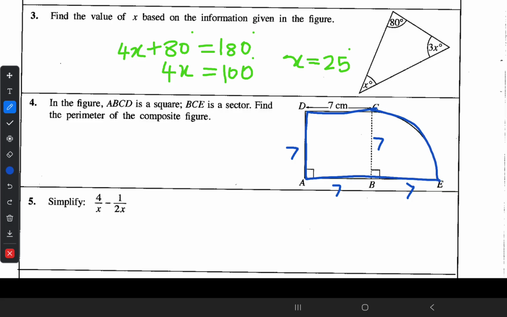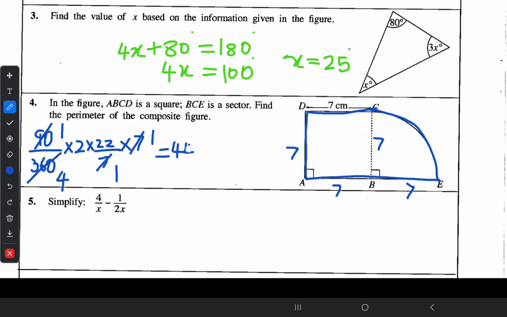For that, 90 upon 360 into 2 pi r. 2 pi, 22 upon 7, and radii that is 7 centimeters. We can simplify. This is 4 times 1 times 1 times 1. Then 2 times 22, 44 divided by 4. That will give you the arc length as 11 centimeters.